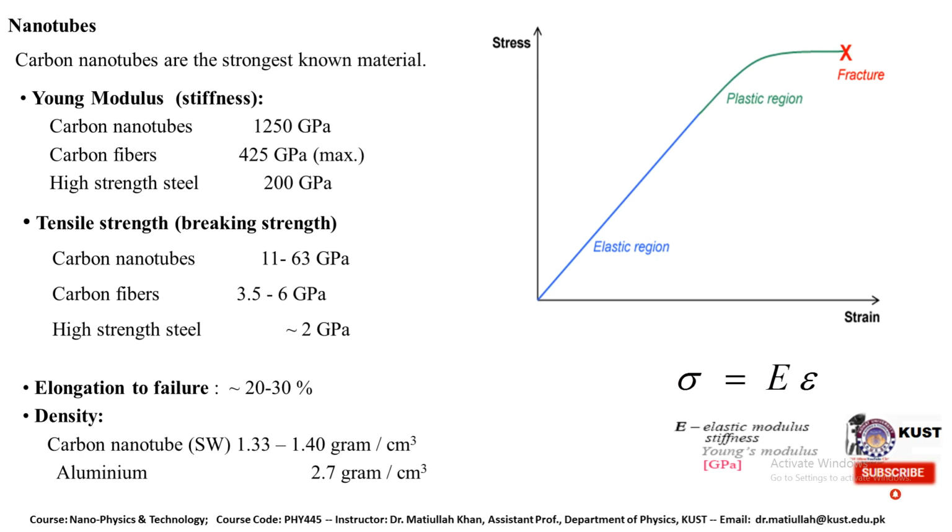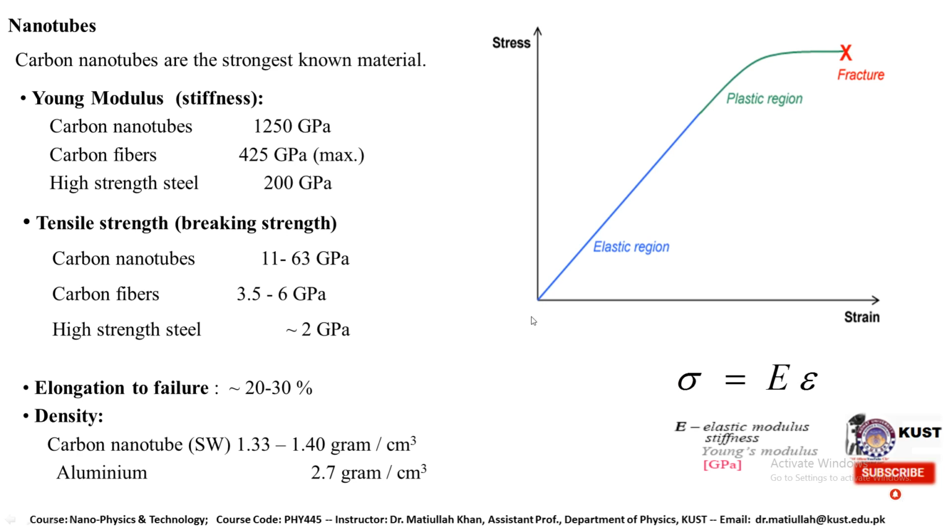So even though it has low density, that is why it is a very useful material for aerospace, because with a very low density it has very high Young modulus and tensile strength. This is what we need in aerospace technology: a material that is strong enough and carries low weight.